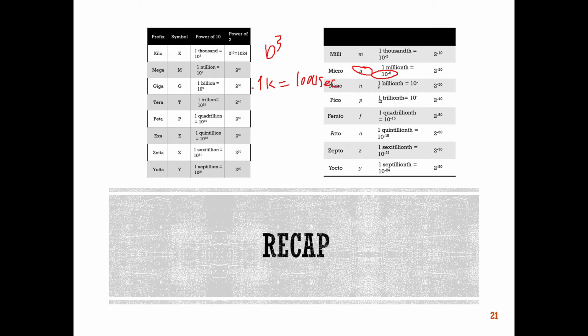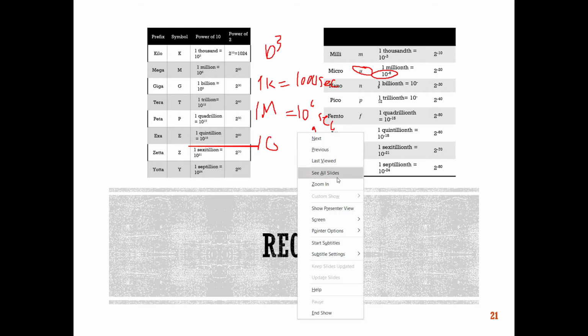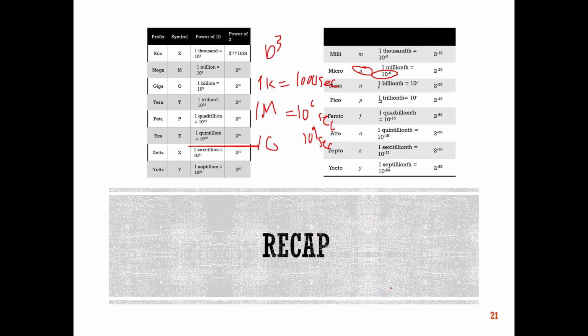For the second one, mega is 10 to the 6, so there's 10 to the 6 seconds in 1 mega. And so on, 10 to the 9 seconds for 1 giga. So that's how that goes. It's very straightforward. These are just conversions that we're trying to focus on.